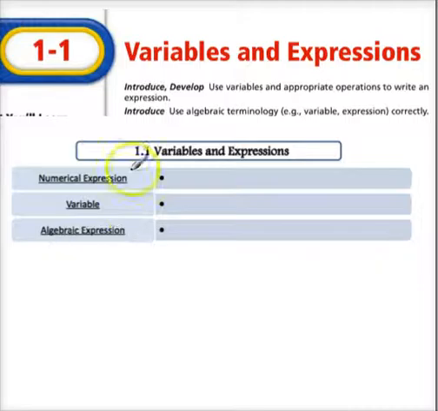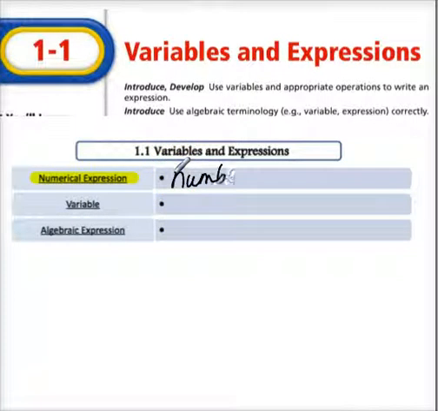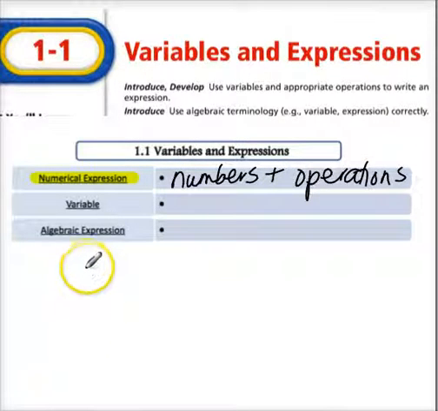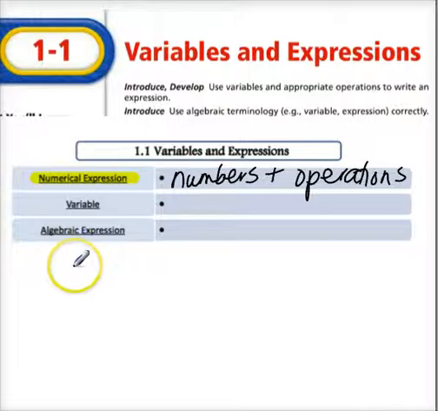The first one I'm going to define for you is a numerical expression. A numerical expression is a mathematical phrase that involves numbers and operations. Let me show you an example. The one I just wrote previously was a numerical expression: 2 plus 2.